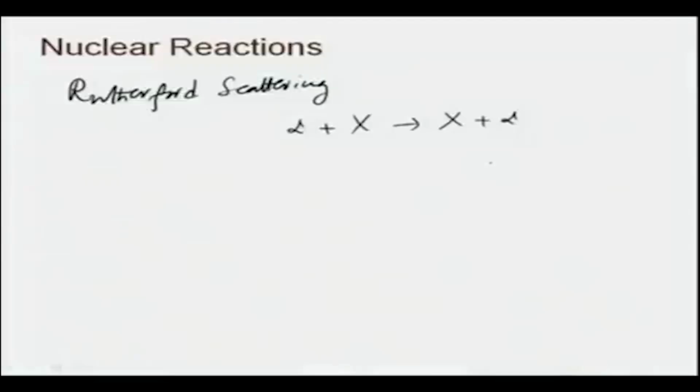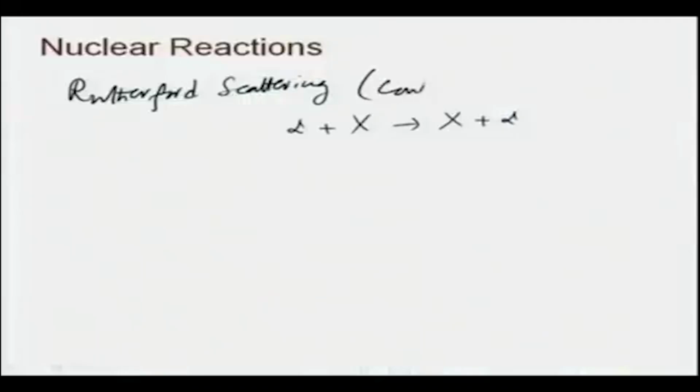So, this is actually an elastic kind of scattering. You do not have different types of particles produced. The projectile is alpha, the target is X, say gold or whatever, and finally there is no change; it is basically a Coulomb scattering.